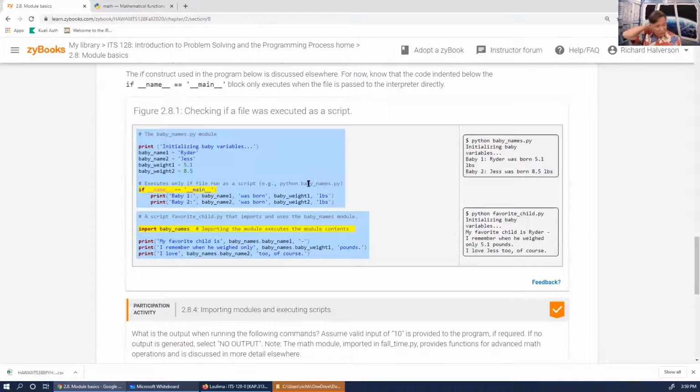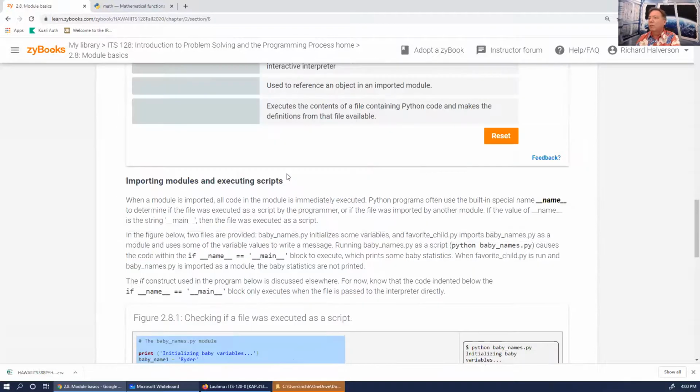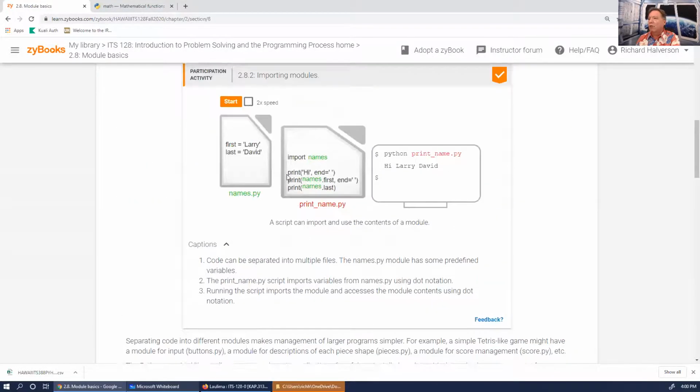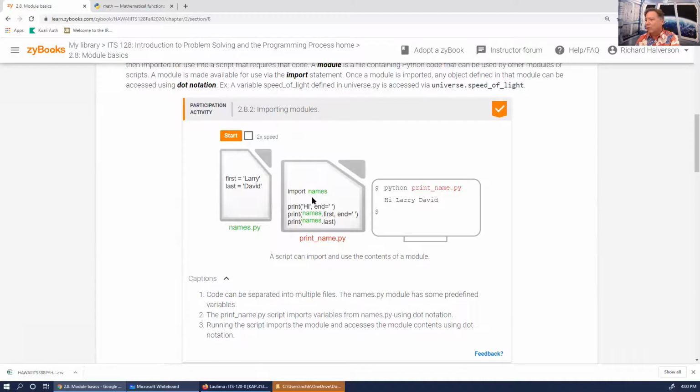In this example, it's too early for us to talk about this, but we have two modules here. We have a program called print name, and it imports another module.